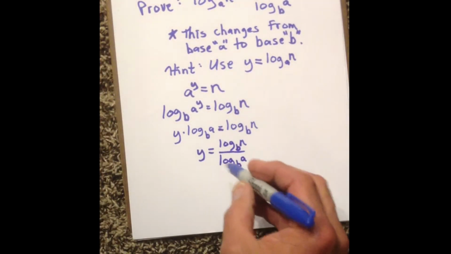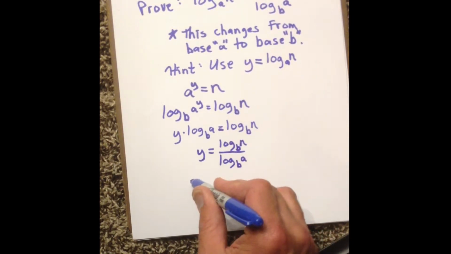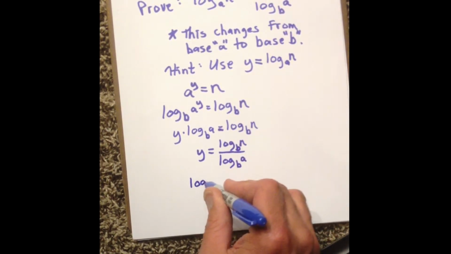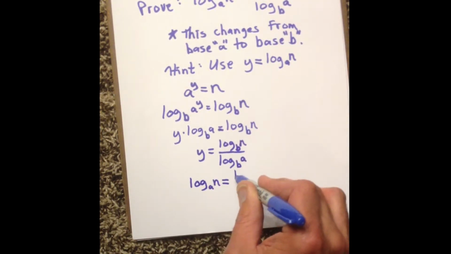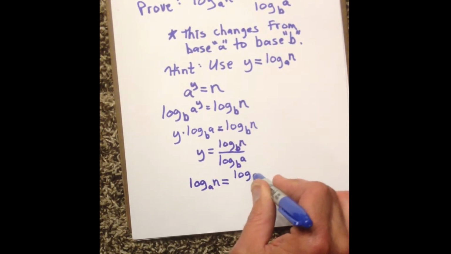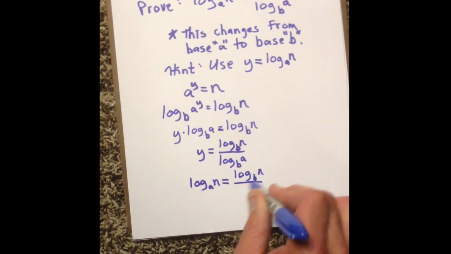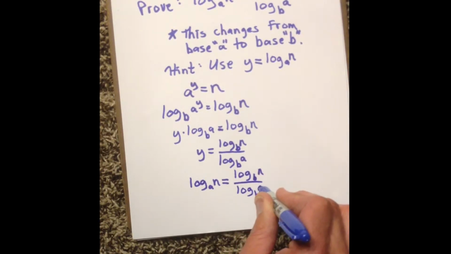So if we go back and substitute what y was defined as, now we're showing that log base a of n is equivalent to a new base called b, and it's log base b of n all over log base b of a.